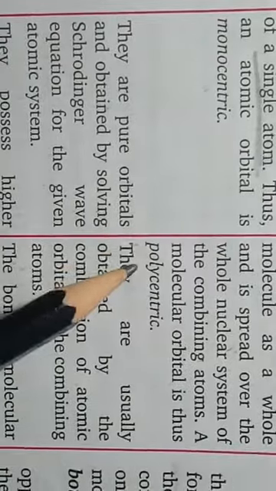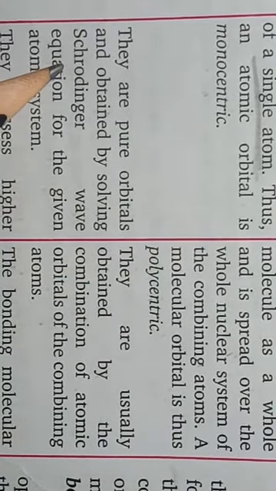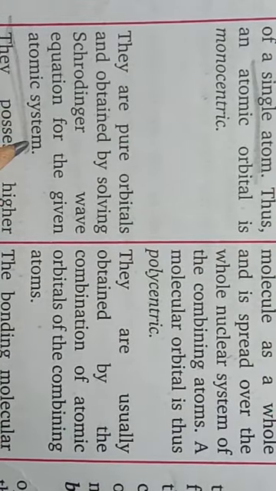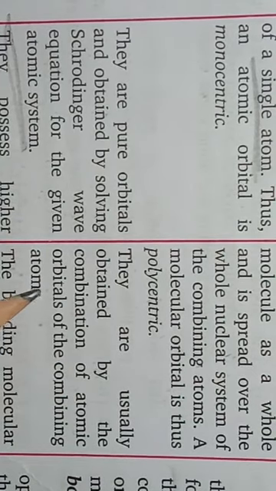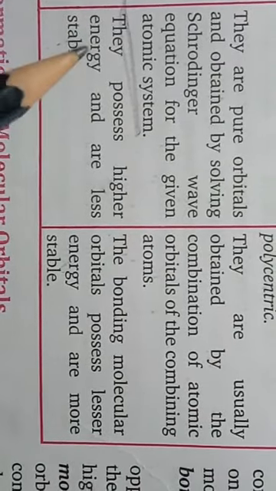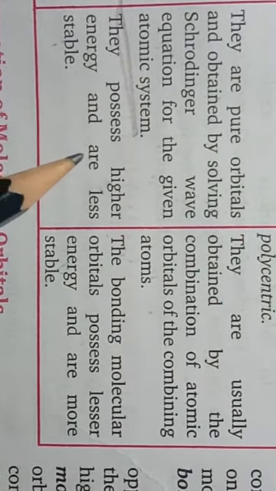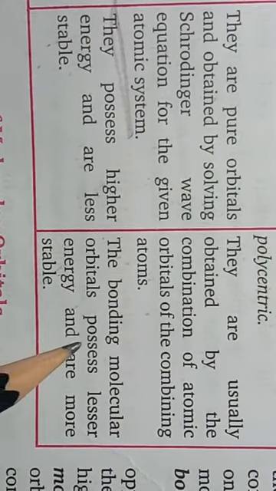Second, atomic orbitals are pure orbitals obtained by solving the Schrodinger wave equation for the given atomic system, but molecular orbitals are a combination of atomic orbitals. Third, atomic orbitals possess higher energy and are less stable, whereas bonding molecular orbitals possess lesser energy and that is why are more stable.